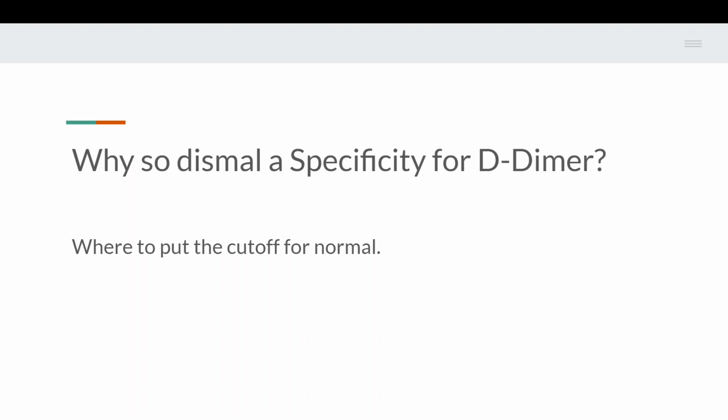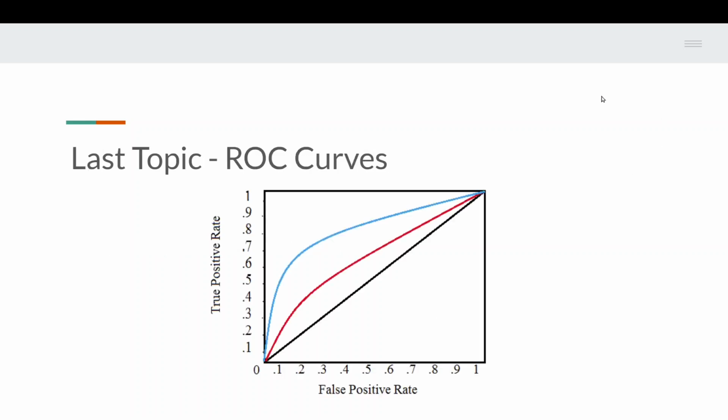And the idea here was to try to make the test as sensitive as possible so that you can use it to rule out a clot, but recognizing that when you raise the sensitivity, there's a correlation that also lowers the specificity. And this comes to our last topic, which is receiver operator characteristics curves.